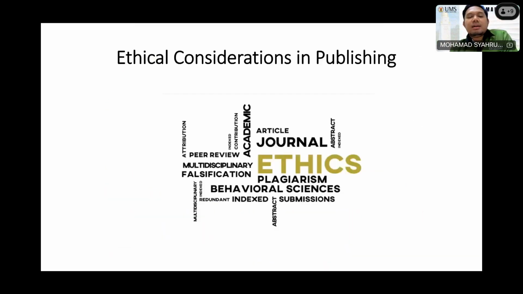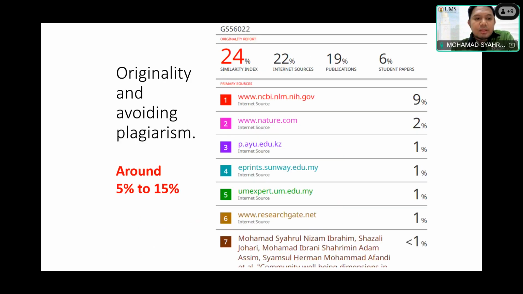And then I would like to talk about ethical consideration in publication. Oh, 11:30. Bear in mind, before you submit your paper, you have to check the similarity index with Turnitin. Your supervisor has access to this. UMS subscribes to Turnitin.